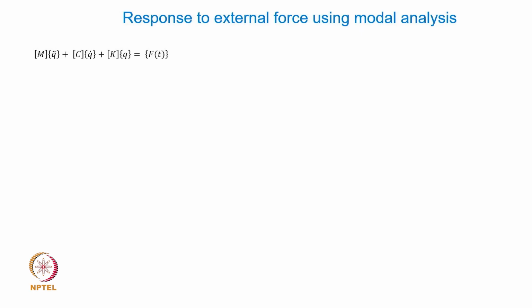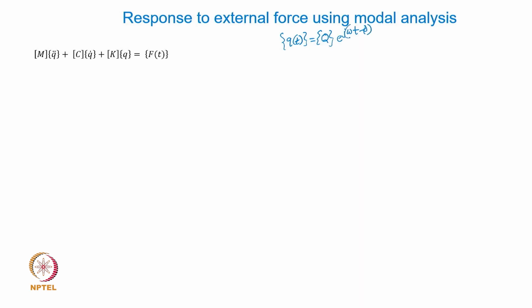Before we go ahead, I thought it would be appropriate to simply say that if I use the assumed solution in the form of Q e to the power j omega t, right, meaning that I have some external Q e to the power j omega t, and of course you can add some phase also.